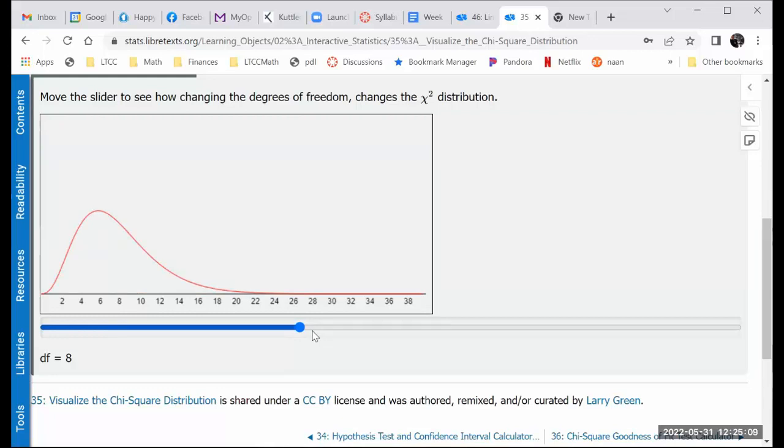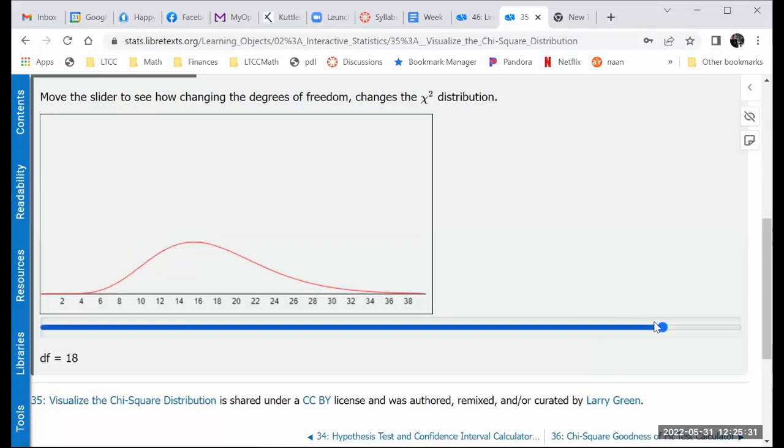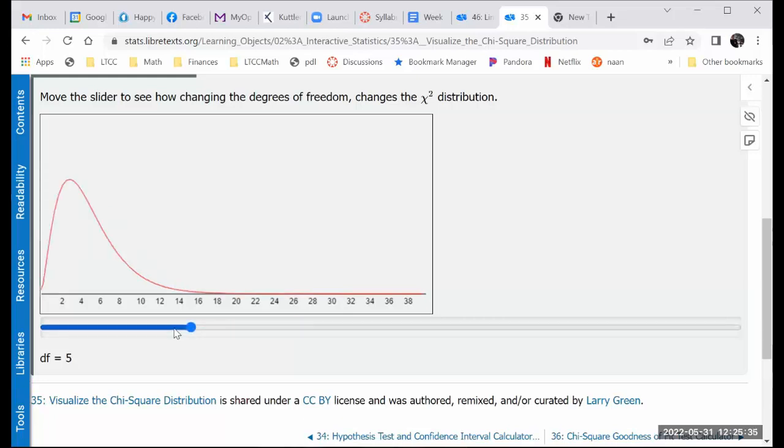It still never goes negative, stops at 0. It's still slightly skewed right, but not as skewed right. And if you go even higher, now it's starting to even look kind of normal, isn't it? So the higher the degrees of freedom, the more it looks like a normal curve. But if you don't have that many degrees of freedom, then it's going to be very skewed. Any questions on the picture?